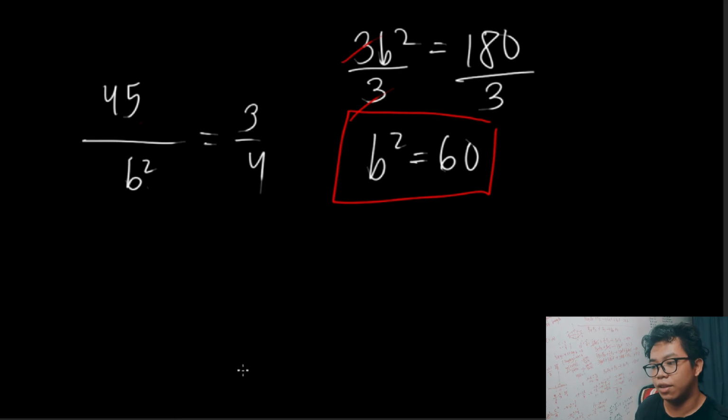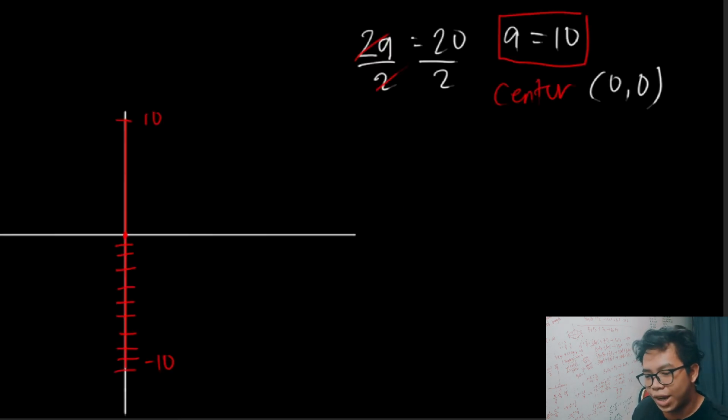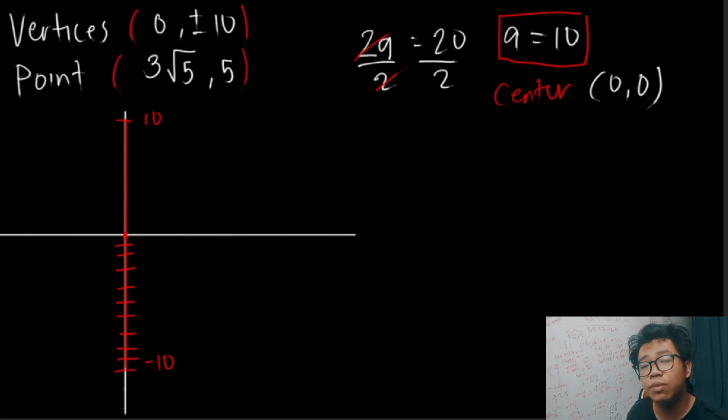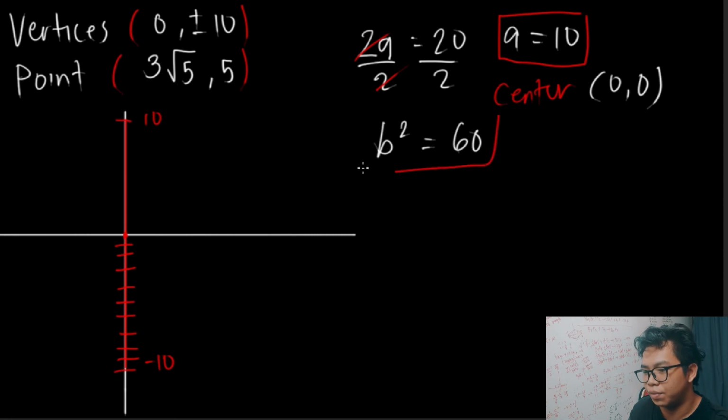Okay? So, tapos na. No need na kompletuhin yung graph. Ang hinahanap lang naman natin yung equation. Pero kung pinapahanap sa inyo yung graph din, edi i-graph nyo. Hindi ko na i-graph kasi nahanap na natin yung hinahanap natin, which is b squared is equal to 60.